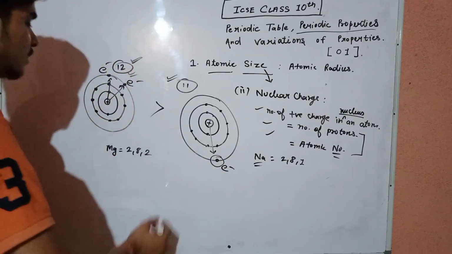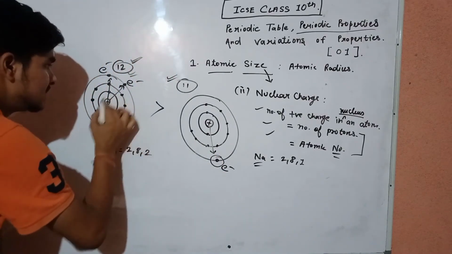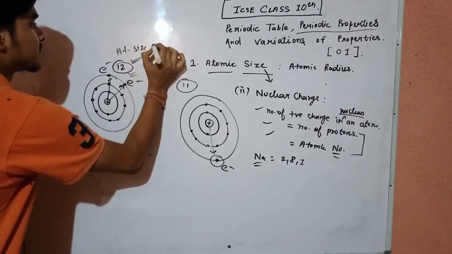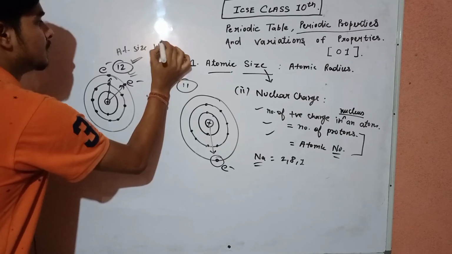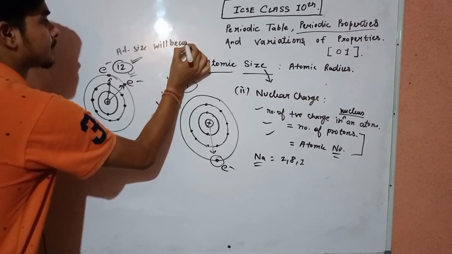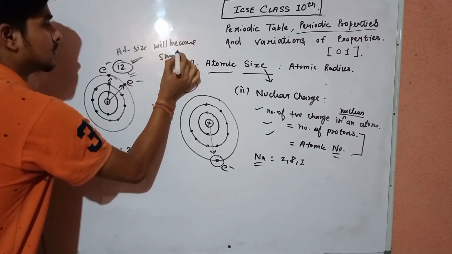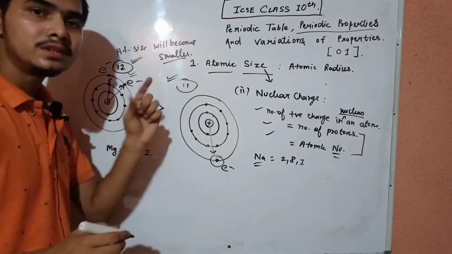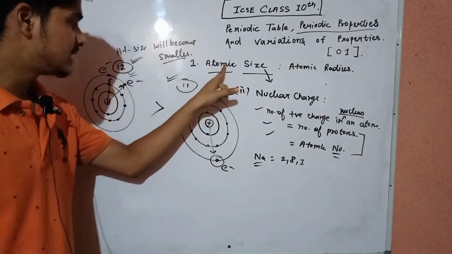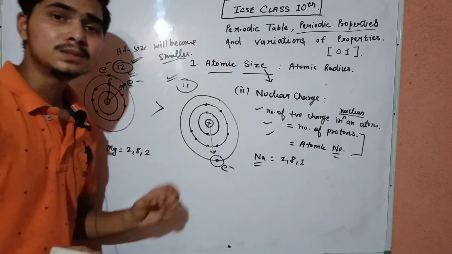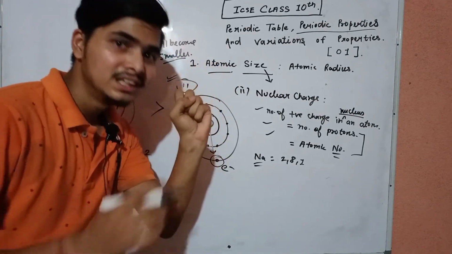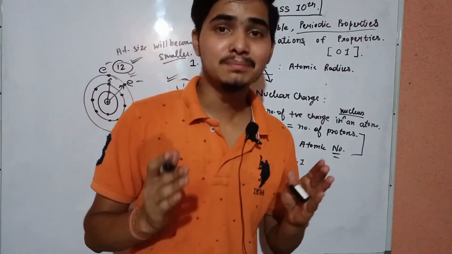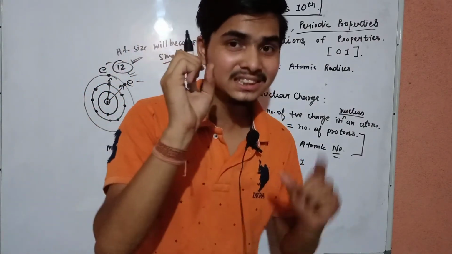Now this atomic size will become smaller. This atom will have a smaller atomic radius as compared to this. Means magnesium size is smaller than sodium. Magnesium atom has smaller size than sodium.